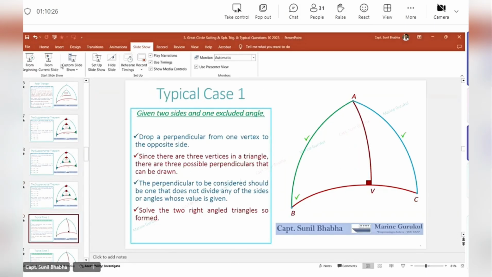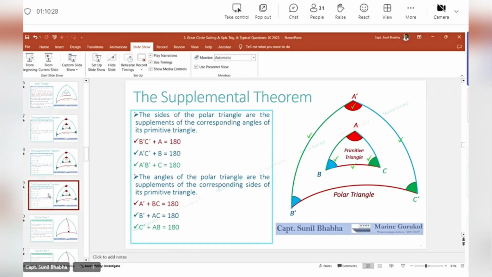Sir, the polar triangle also comes very rarely, right? Yeah, it comes rarely, beta. In fact, it had not come for the last about 10 years or so. But a couple of papers back, they had given the polar triangle question. So that's why it can be repeated anytime now. Okay, sir. Sir, do you have a worked example for this type of problem, polar triangle?